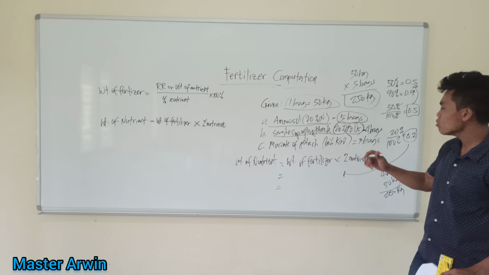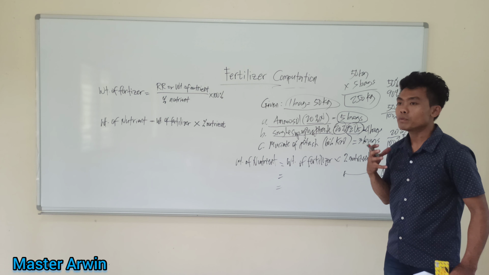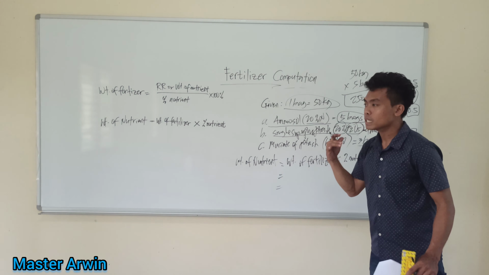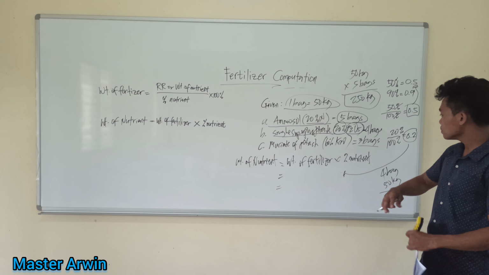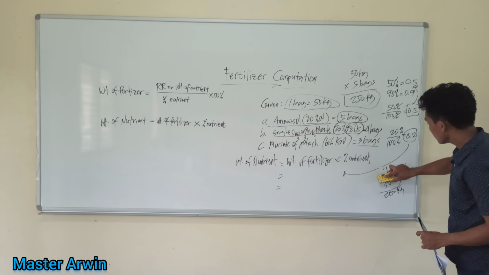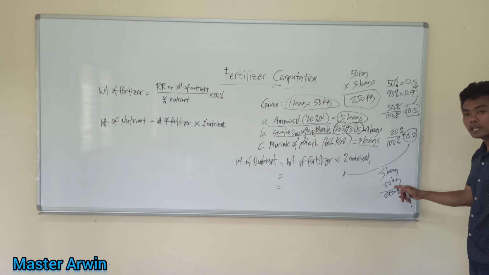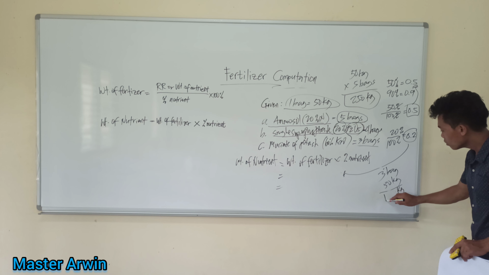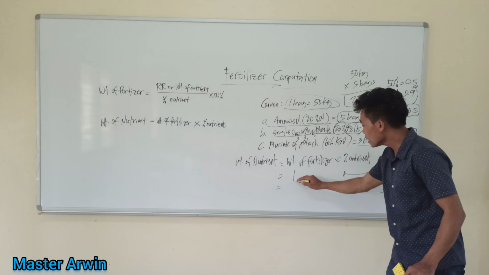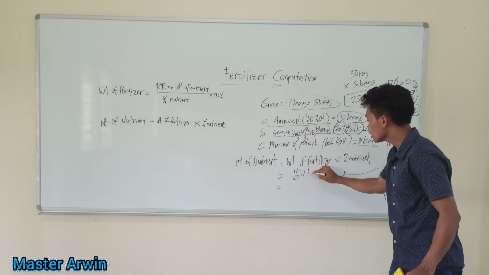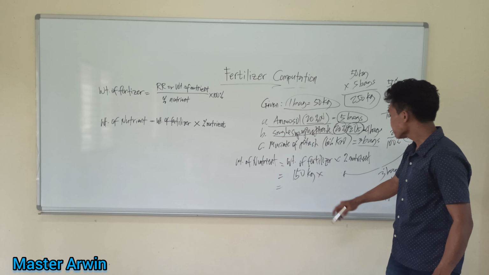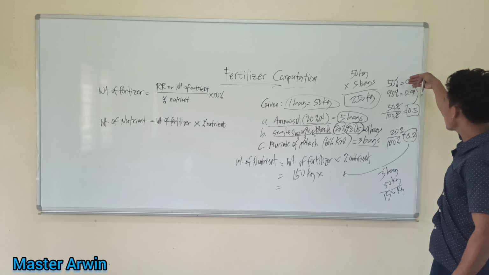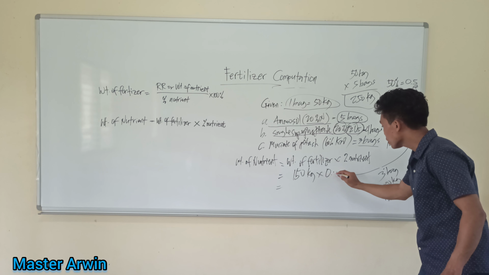Okay, so we have this muriate of potash. We will compute how much potassium we have applied if 3 bags of muriate of potash have been applied to the soil. So, the same process, 3 bags times 50 kilograms in 1 sack, that would be 150 kilograms. So, 150 kilograms, the weight of fertilizer, times the percent nutrient, 60%, that means 0.6.